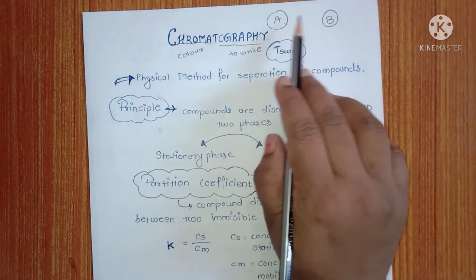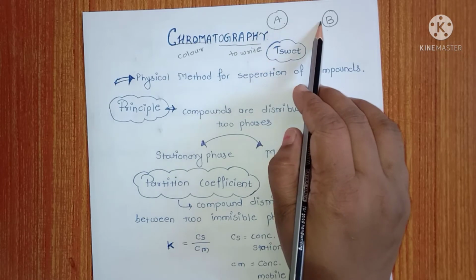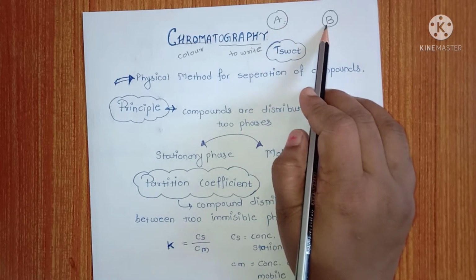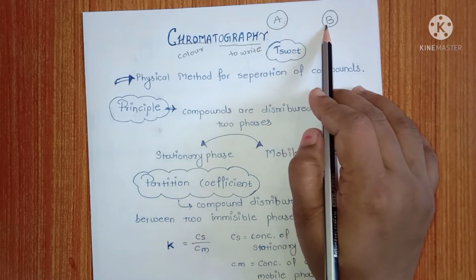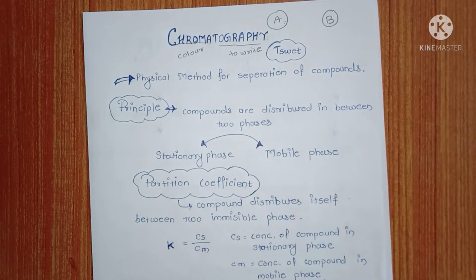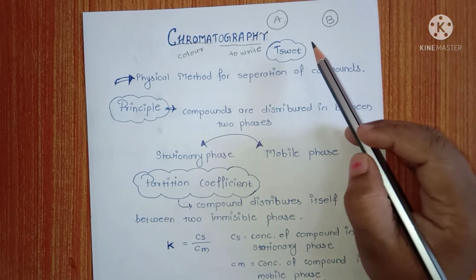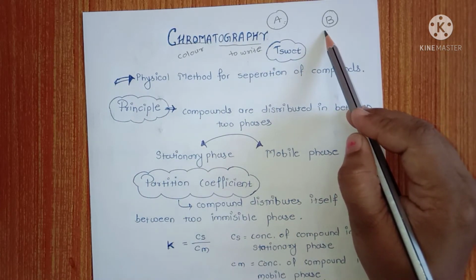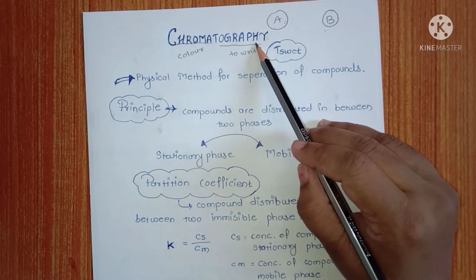Of these two, A is very easy to separate because of its dissimilar properties, and B is more difficult to separate due to its similar properties. That type of mixture, which is more similar in its physical and chemical properties, is separated by using the method of chromatography.